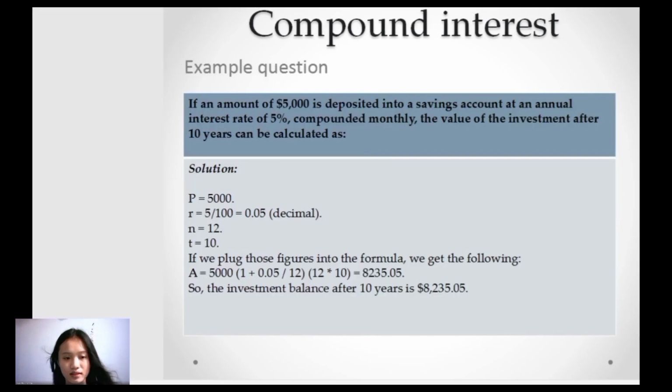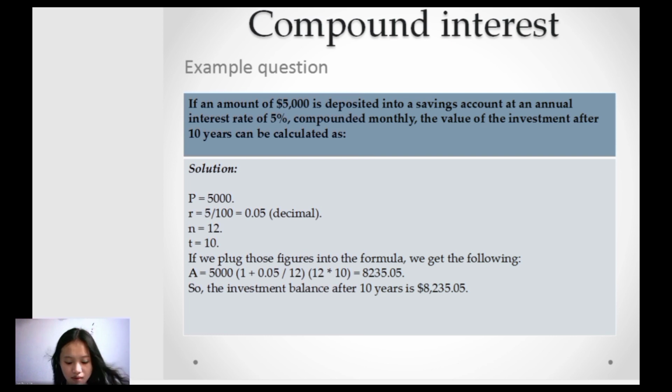Here's an example question. If an amount of $5,000 is deposited into a savings account at an annual interest rate of 5%, compounded monthly, the value of the investment after 10 years can be calculated as follows. Here is the solution to this question.